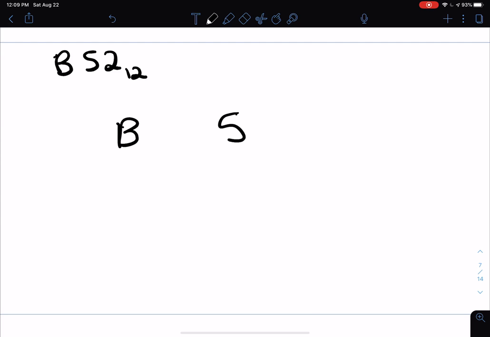Let's do a base 12. B52. Sounds like we're playing bingo. B52, and this is in base 12. So we're going to take this to base 10. You're going to find that I like writing it out like this. It helps me organize everything with the place values.